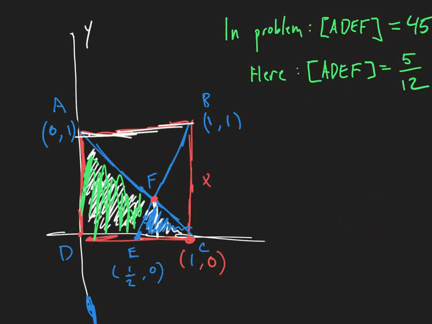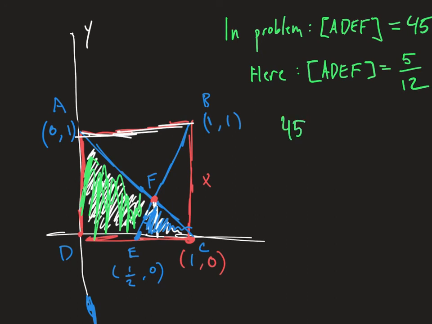Now we can scale back up to our original problem. In the original problem, ADEF had an area of 45. But in our smaller example, when we use a unit square for ABCD, the area of the quadrilateral ADEF is 5 over 12. So how much bigger is it?